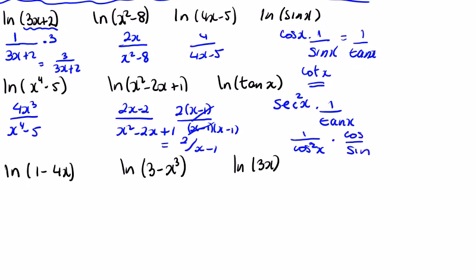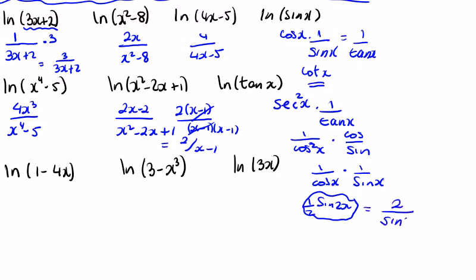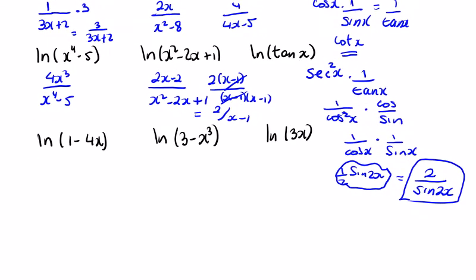So that's going to give me 1 over cos x times 1 over sine x. The cos will cancel with one of the cos squareds. And cos x sine x is a half sine 2x. We've had that in one of the other videos. So that 2 would jump up on top. So this ends up as 2 over the sine of 2x. That'll be the final answer for this one.